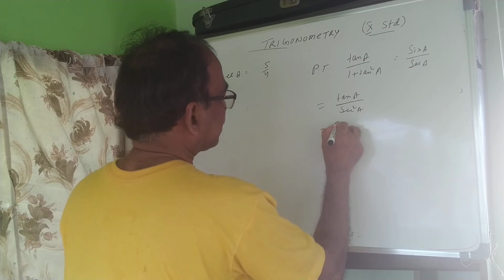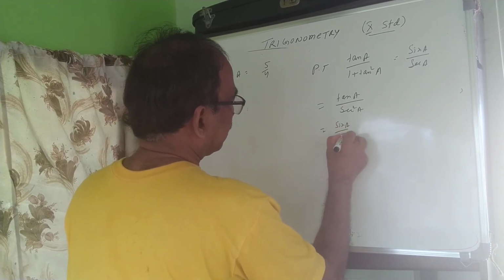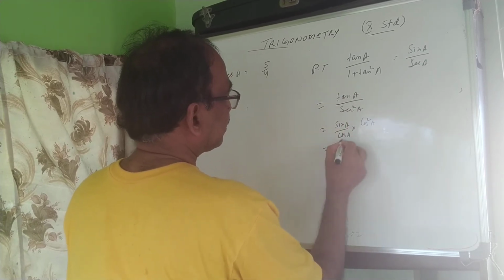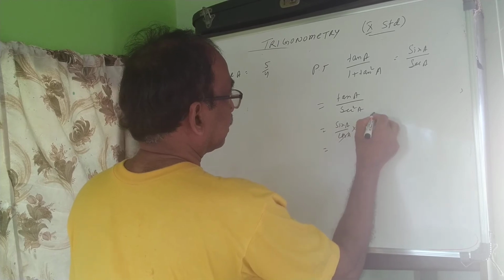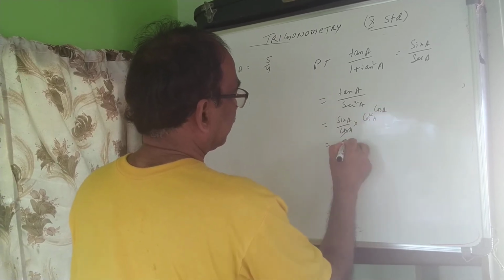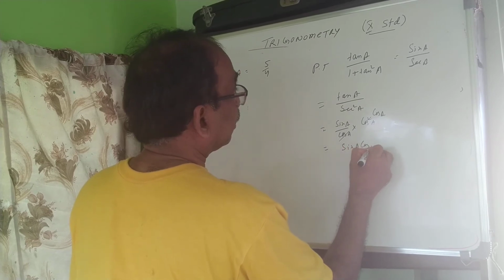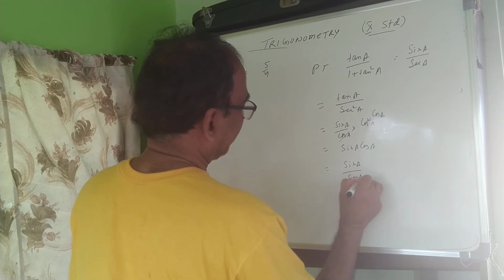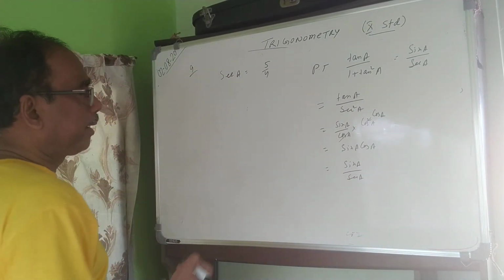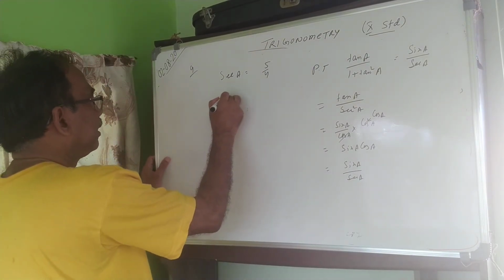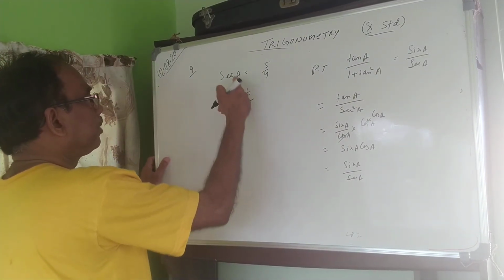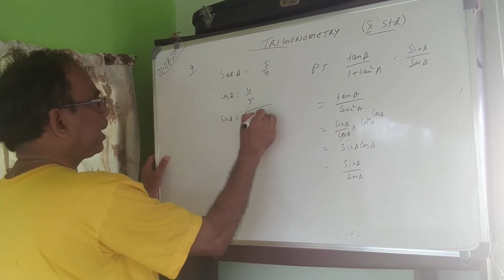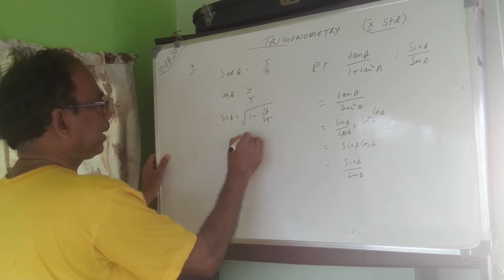Tan A means sin A by cos A, and 1 by sec is cos. That is sin A by sec A. If you put the value here, sec A is 5 by 4, so cos A is 4 by 5, since sec A reciprocal is cos A. Then sin A is root over 1 minus cos square A, that is 1 minus 16 by 25, which is 3 by 5.